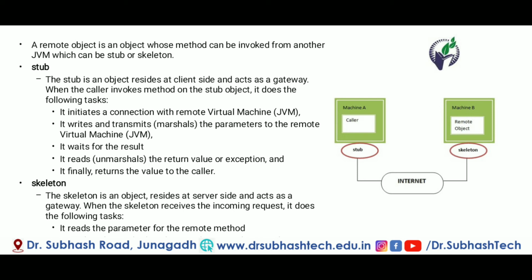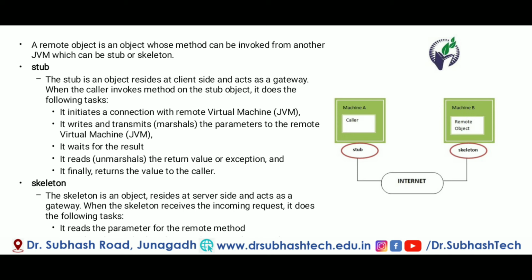The same thing is performed by the stub and skeleton, because when you call that functionality from the client side to the server side, the environment is also changed, because the communication is done between different networks, or we can say there are different JVMs available in the network.